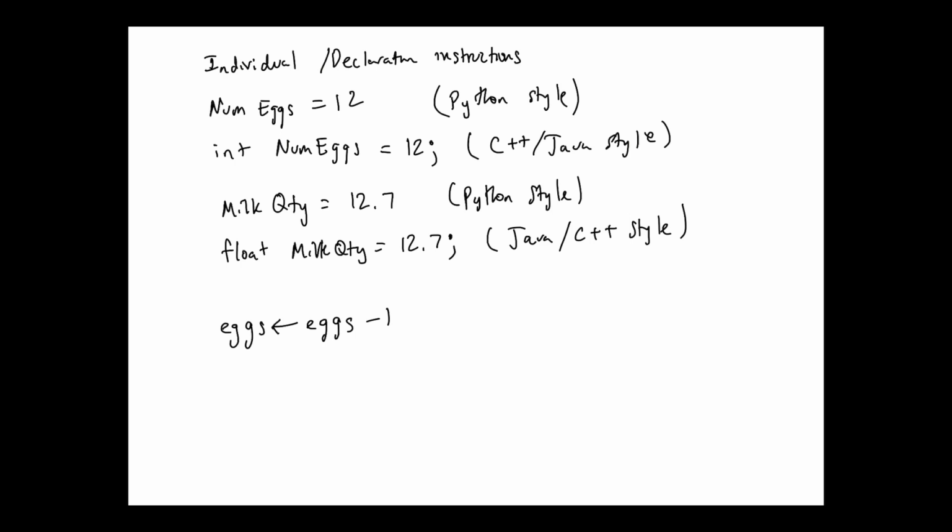If I did something like this again and asked what's the value of eggs, you'd say 11 because we just subtracted 1. So equals in most programming languages means assignment, not equal like in math class. We'll talk about what equal like in math class looks like later.